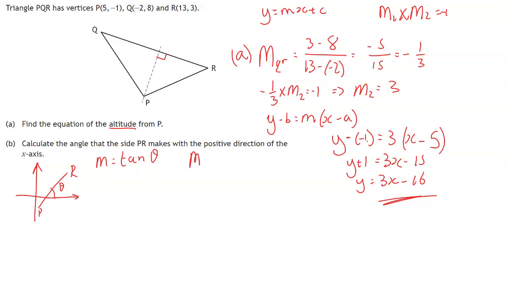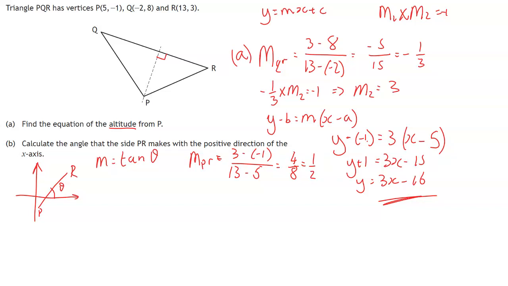So let's start. So if we do the gradient of PR, same formula, y2 minus y1 over x2 minus x1. I get 3 minus -1, only difference again from that formula is the numbers, over 13 minus 5. So that ends up giving me 4 over 8. So I end up getting a half.